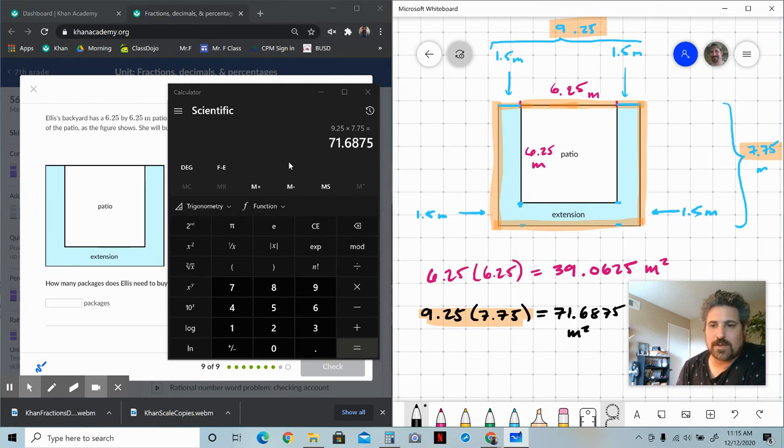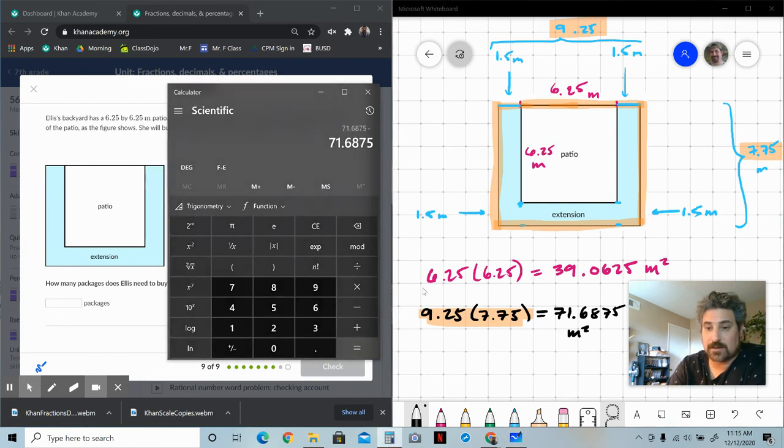So the difference between these two is going to be the extension itself. If you took that 71.6875 and subtracted from it the 39.0625, you're going to get the extension, the new stuff that you need to build.